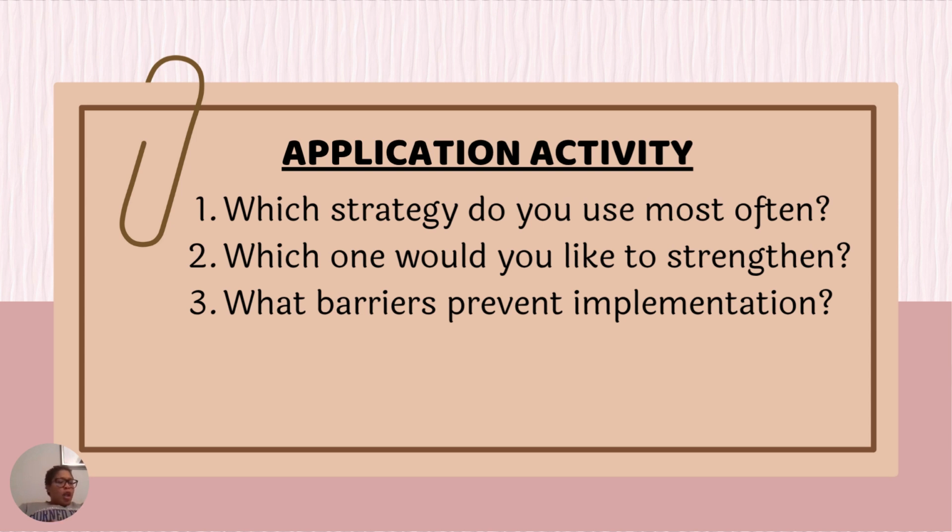All right. Now that we've talked about these different strategies, let me go over those strategies again. So the first one we talked about was explicit instruction, and that's basically just direct instruction. The next one that we identified was cooperative learning and learning in groups. The next effective strategy that we talked about was differentiating your instruction.